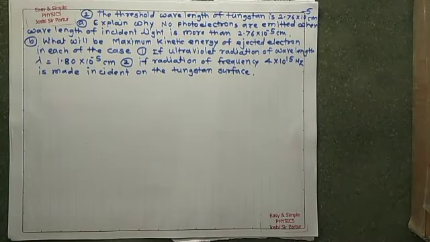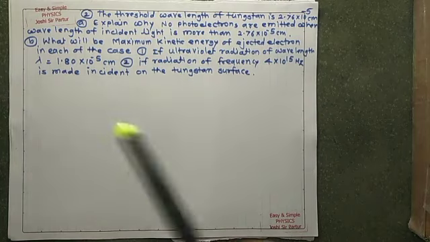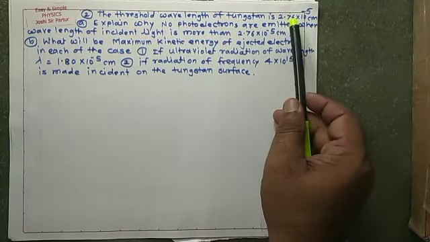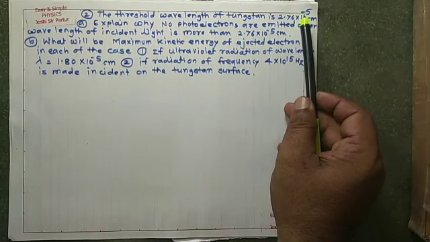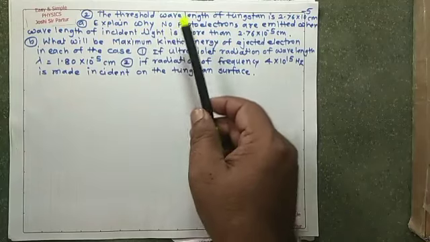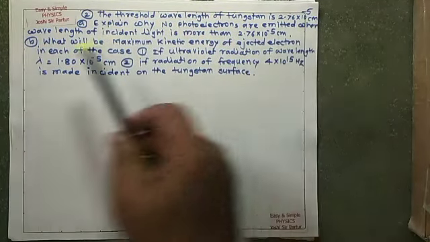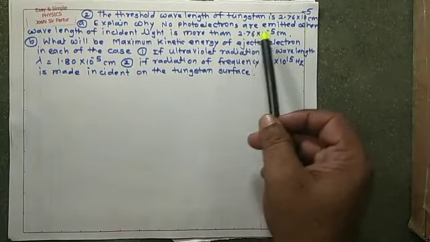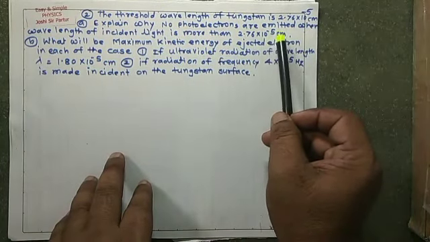The next problem is example number 2. The threshold wavelength of tungsten is 2.76 into 10 to the power minus 5 centimeter. Explain why no photoelectrons are emitted when the wavelength of incident light is more than 2.76 into 10 raised to minus 5 centimeter.